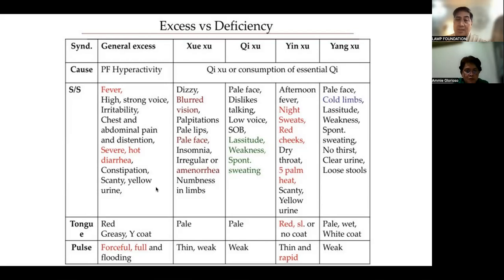For general excess, of course, a red tongue with a greasy yellow coat, and the pulse is forceful, full, and flooding. Blood deficiency: pale, with a thin, weak pulse. Qi deficiency: still pale, just pale, nothing else, with a weak pulse. Yin deficiency: red, no coat or slight coat, with a thin and rapid pulse. Yang deficiency: pale, wet, white coat, and weak pulse. Okay?